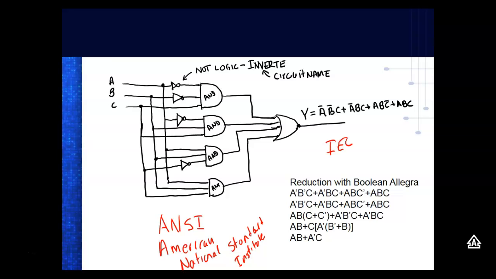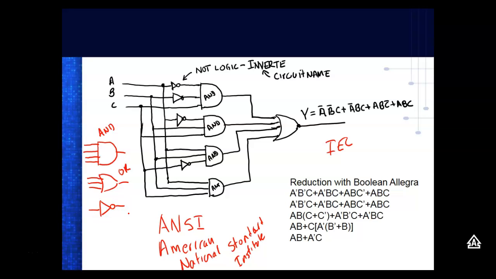So this right here, this is a symbol for an AND. We got at least 2 inputs, but we could have more. So this is a symbol for what? An AND. This is a symbol for an OR. At least 2 inputs. We could have more. This is a symbol of a NOT.